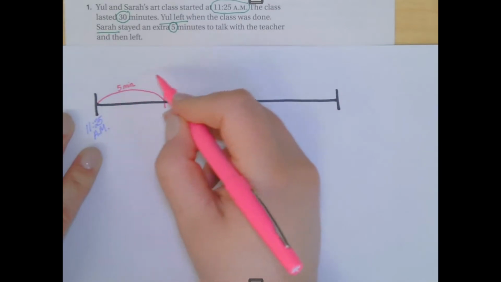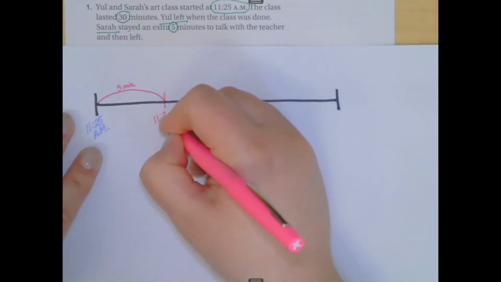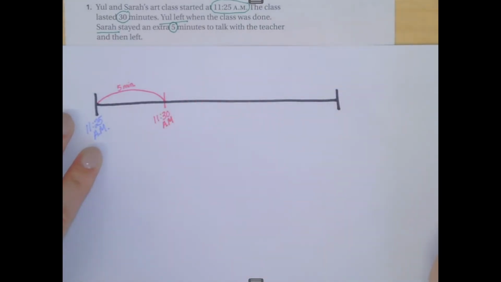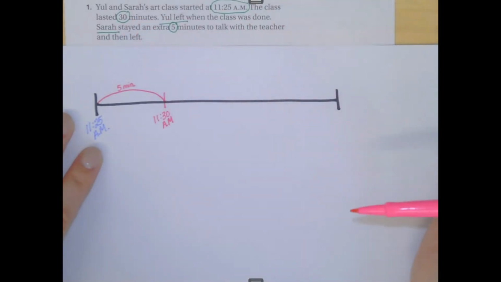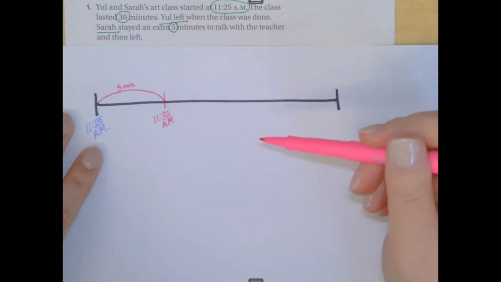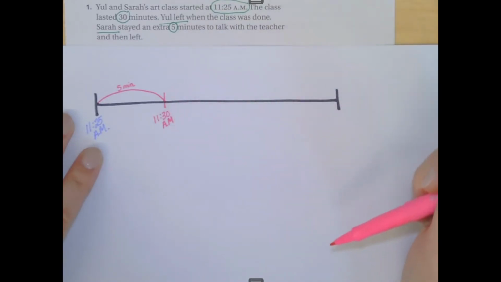So I'm going to make a 5-minute jump to 11:30 a.m. Okay. So I jumped 5 minutes, but the class was 30 minutes long. Okay. So I still need to jump 25 more minutes, right?